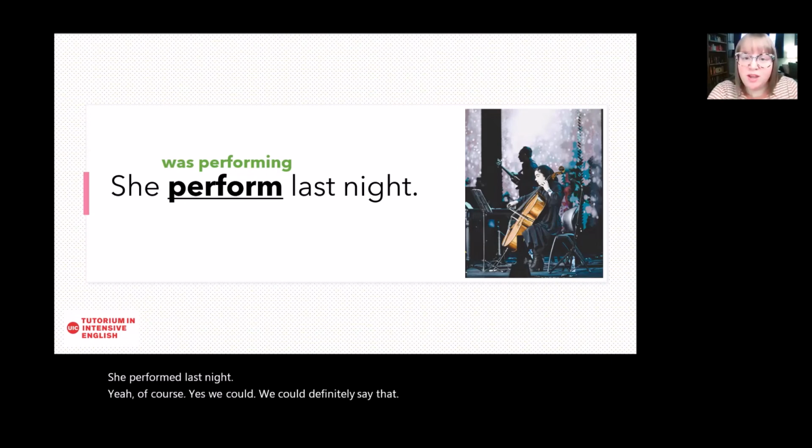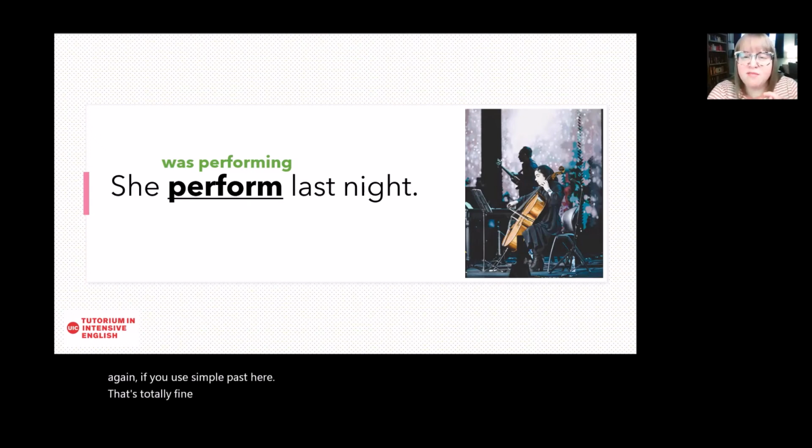Another acceptable way to speak is to say she was performing last night. Maybe the original question was, what was she doing last night? In that case, we want to use past continuous. But again, if you use simple past here, that's totally fine.